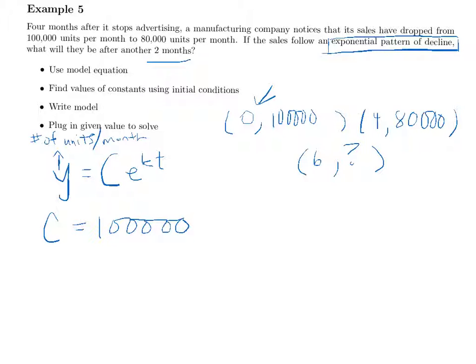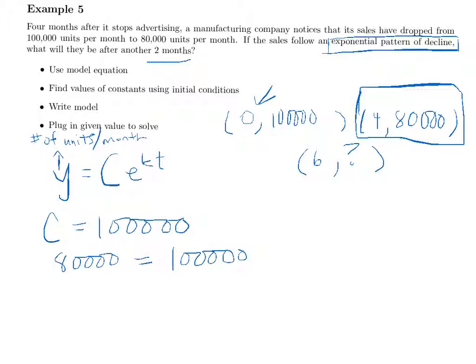Now we can use our other condition to solve for k. At 80,000, we have 100,000 e to the k times 4. So divide both sides by 100,000.